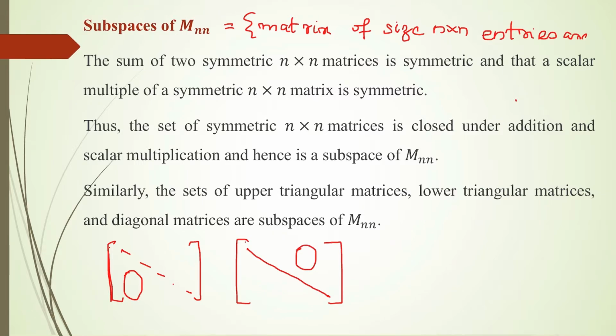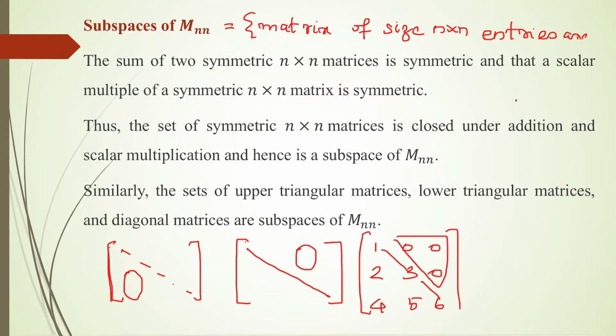For example, if we have a 3 by 3 matrix, say [1 0 0; 2 3 0; 4 5 6], these are the diagonal entries, and anything above the diagonal is 0. So this is a lower triangular matrix.